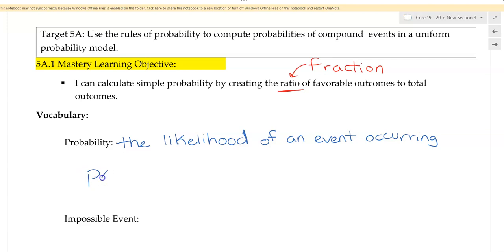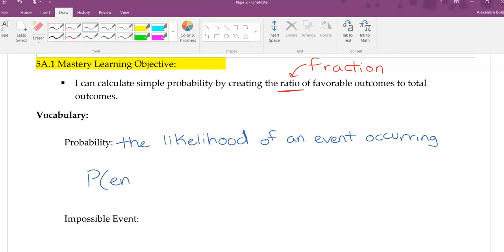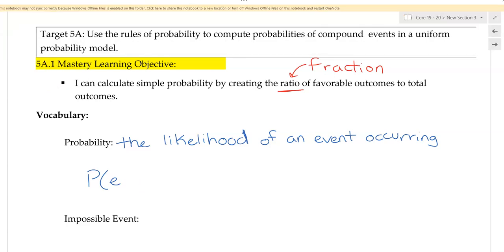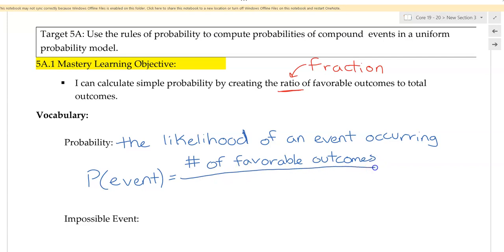So the probability of an event is the number of favorable outcomes over the number of total outcomes.